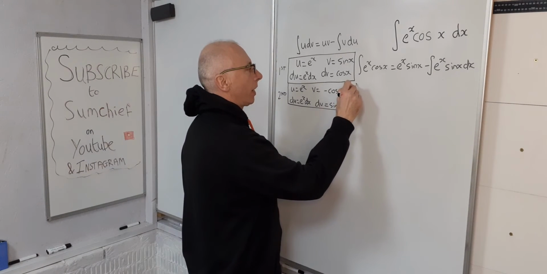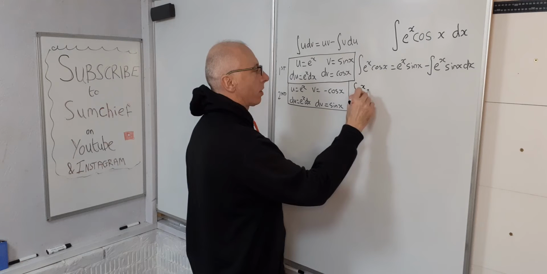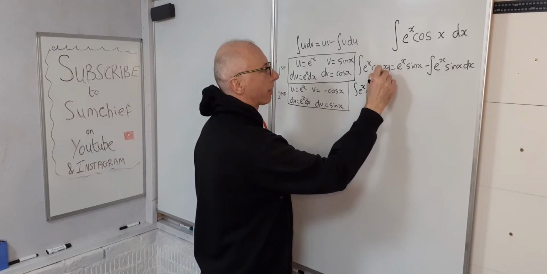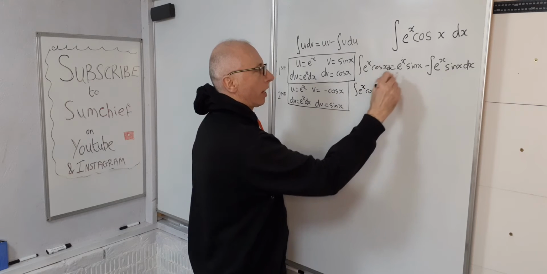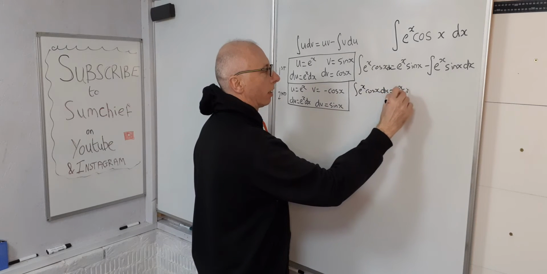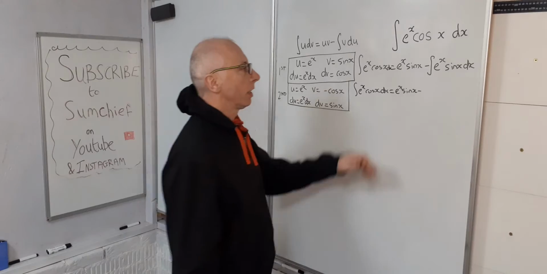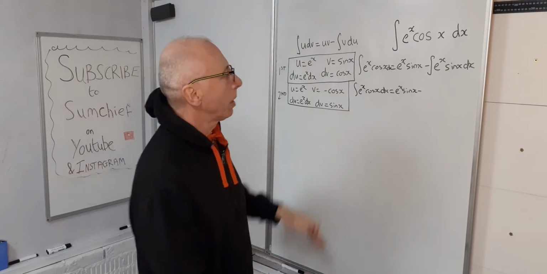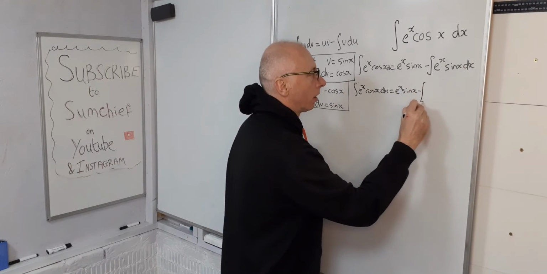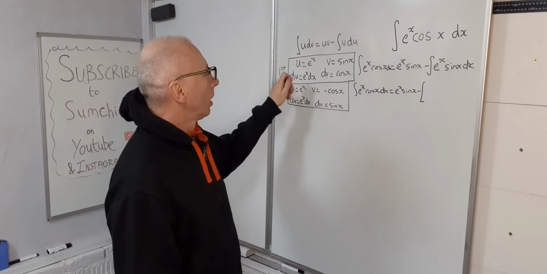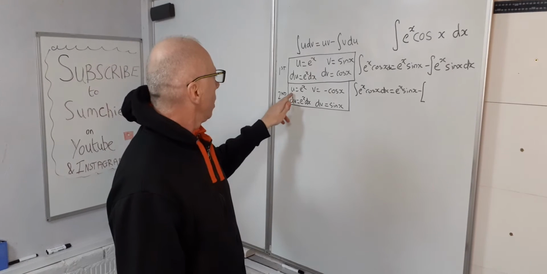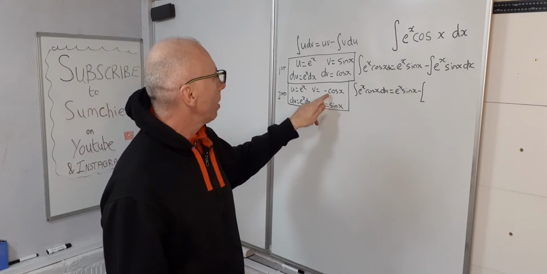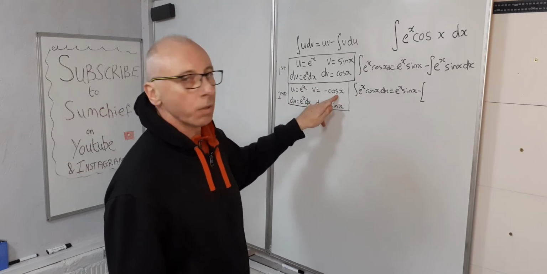Okay, so now we've got this box, we can just implement this formula and off we go again. So now let's start our line again. So the integral e to the x cosine of x dx, forget the dx here, that's naughty, equals e to the x sine x minus, now going to implement all this here. So this here will be in brackets. So u times v, so it's e to the x times minus cosine x. So I'm just going to write that as minus e to the x cosine x.